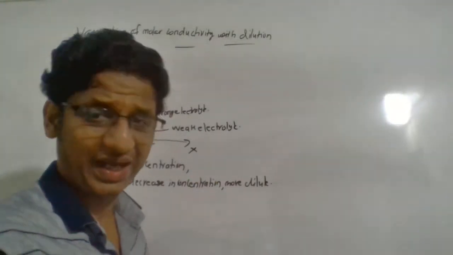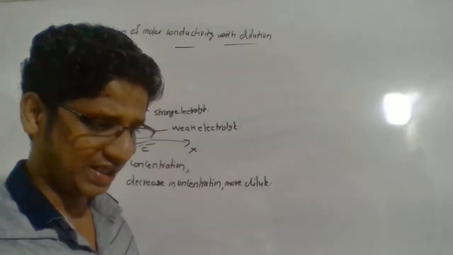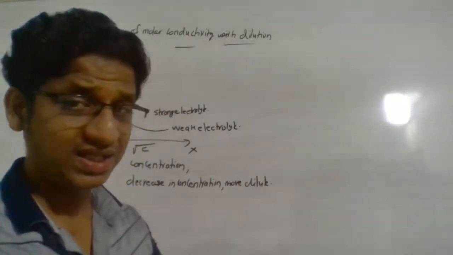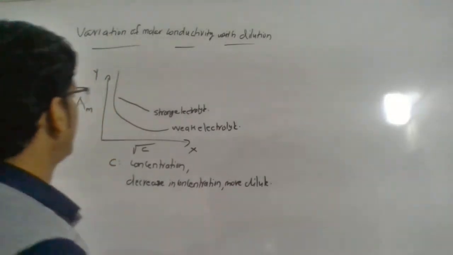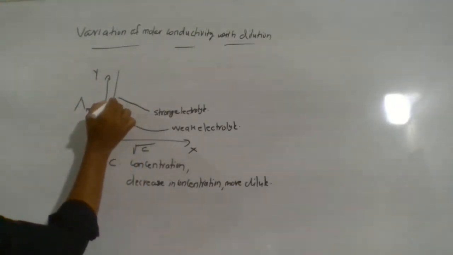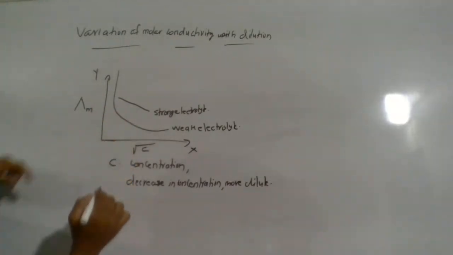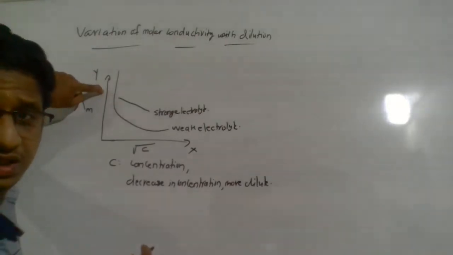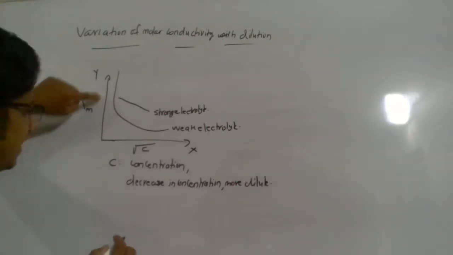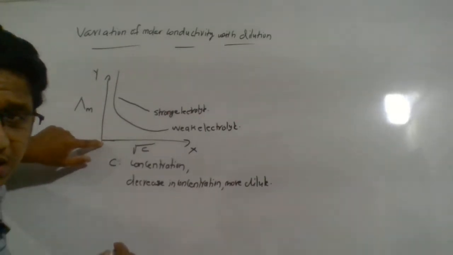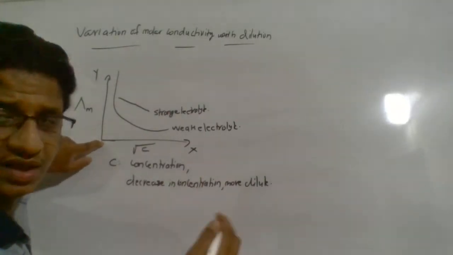You diluted that much, we can say that's a case of infinite dilution. At infinite dilution, the molar conductivity of an electrolyte you can find, because it's all about the value of molar conductivity on the y-axis. At that point concentration is zero, that's the point of molar conductivity at infinite dilution.